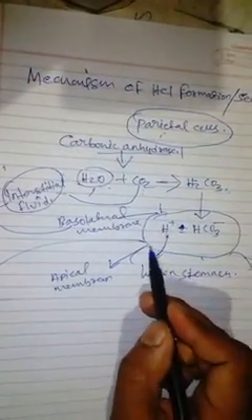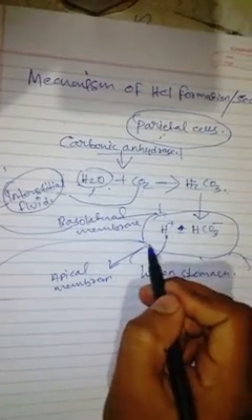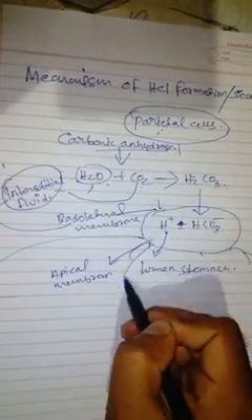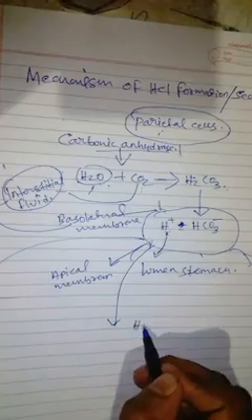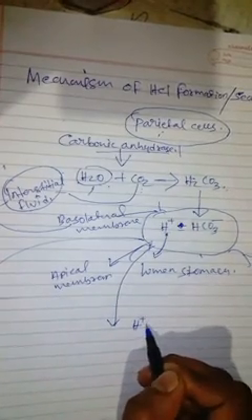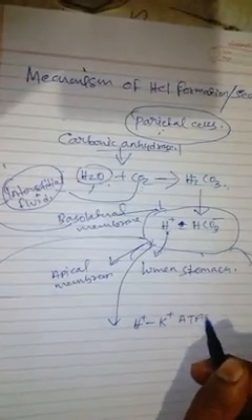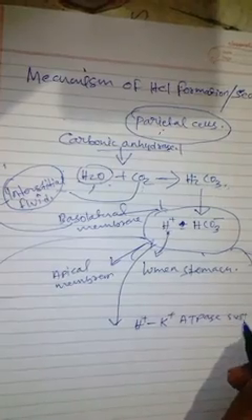Okay, now in the apical membrane there is a hydrogen potassium, H plus K plus ATPase system.